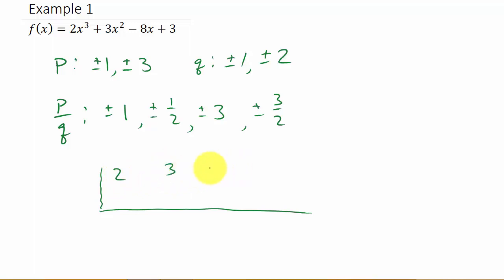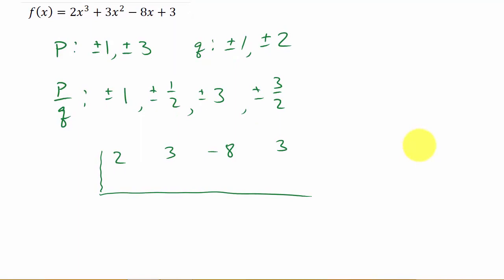We've got 2, 3, -8, 3, and I have videos on synthetic division if you need to look at them. Okay, so here we have the coefficients. So we put that there, and I usually just start out with 1. Just use the 1, and let's see if it works.